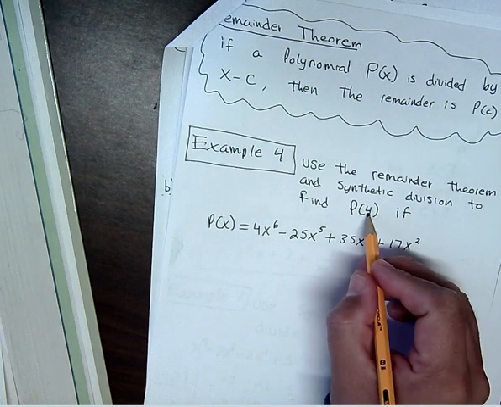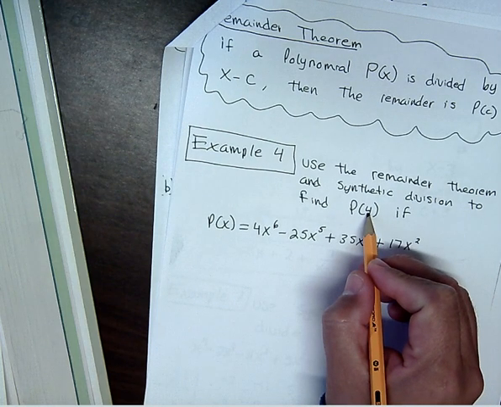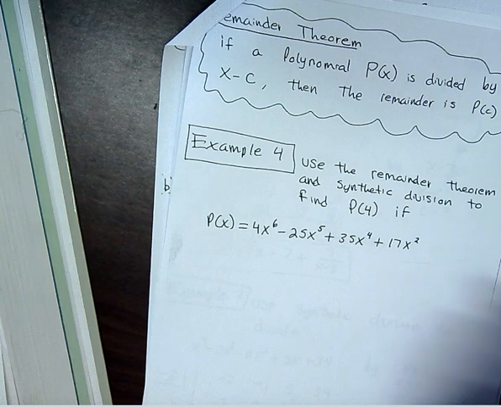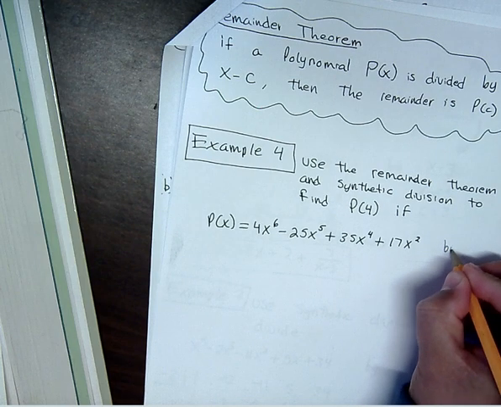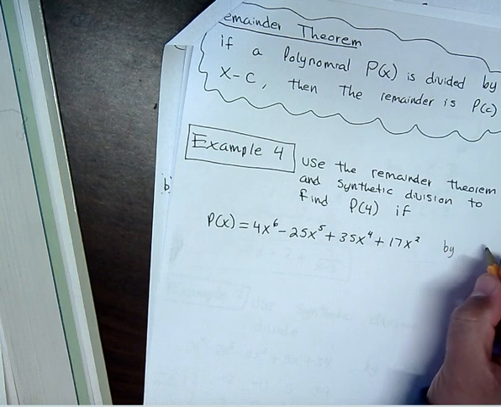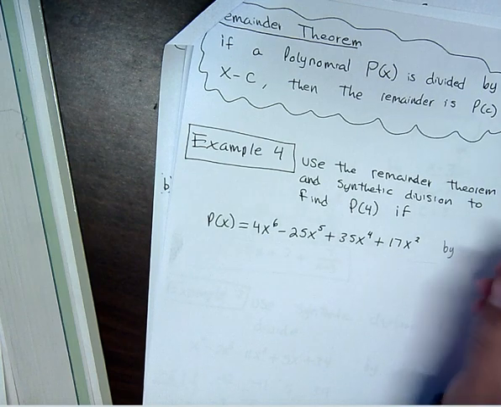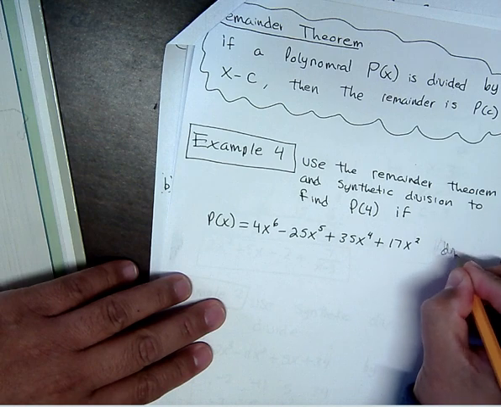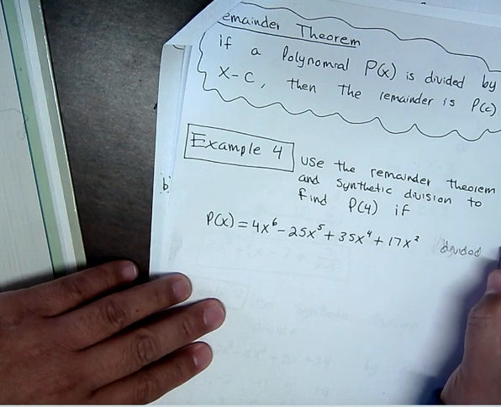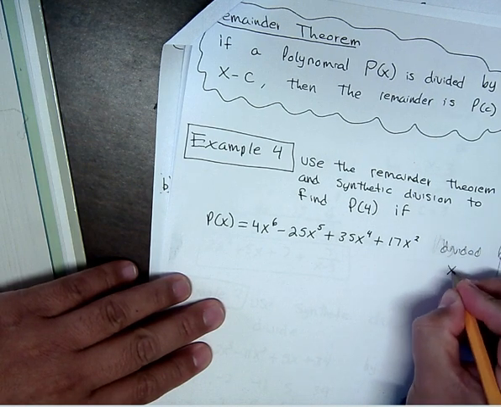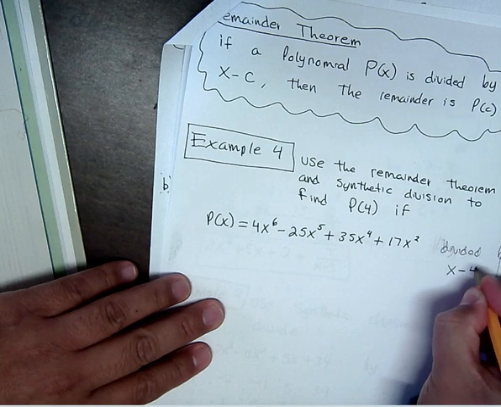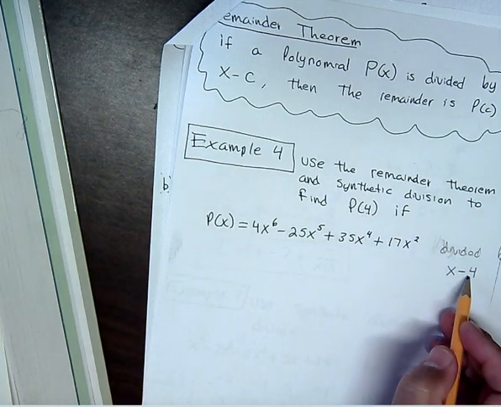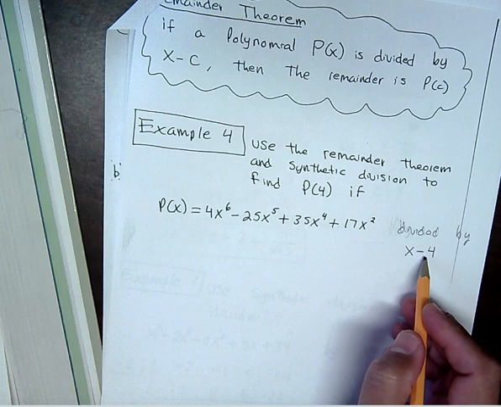So you're dividing by x minus 4, right? Because that's a positive 4, it means it's going to be divided by x minus 4.